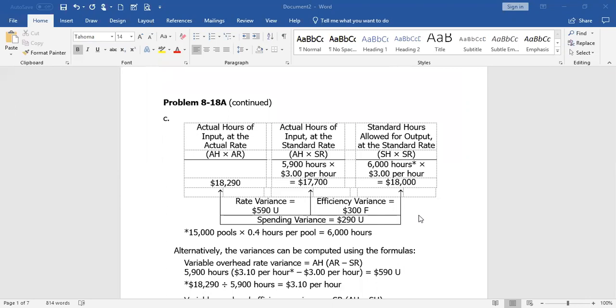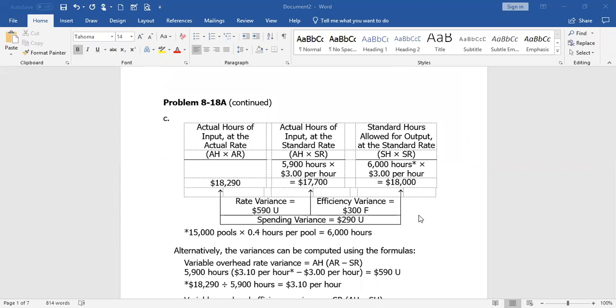So 15,000 pools times 0.4 hours gives us a total of 6,000 hours. Multiply the 6,000 budgeted hours times the standard rate, that's your budget rate of $3 per hour, $18,000. So you essentially used fewer hours than you budgeted to make those pools.